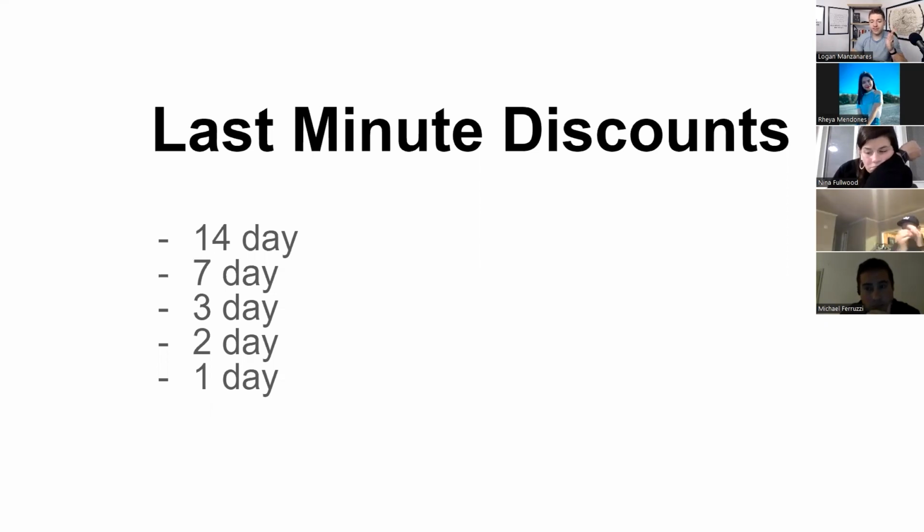Day 2 is like a 35% discount, on day 1, and last day booking is like a 45% discount off the base price. Okay, and so these last minute discounts allow you to keep your occupancy high, and again, allow you to have your property booked, because if you know your numbers, it's better for that property to be booked than for it to sit vacant. So these last minute discounts are super, super crucial.